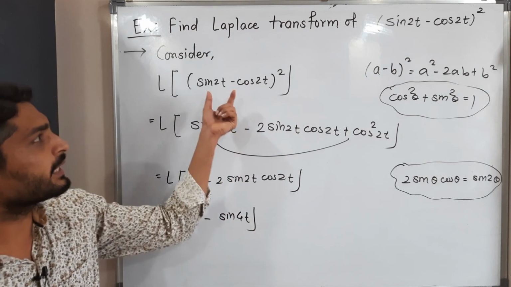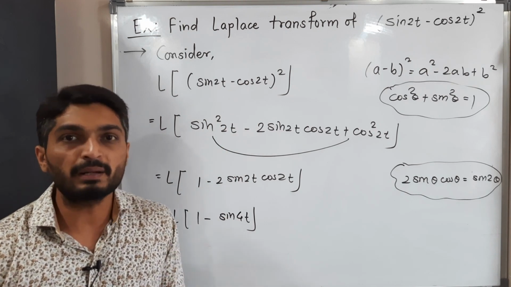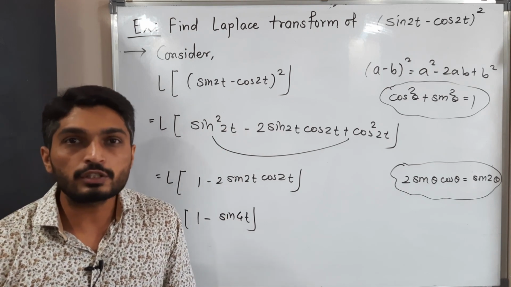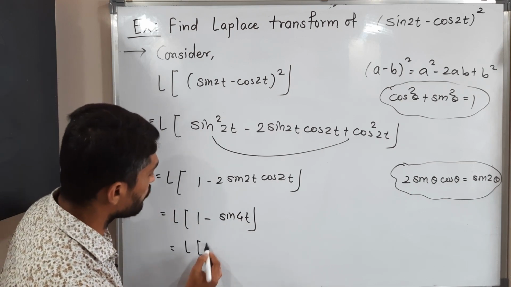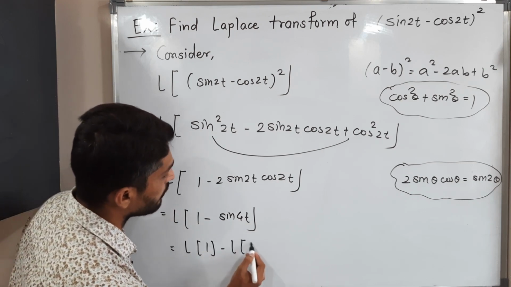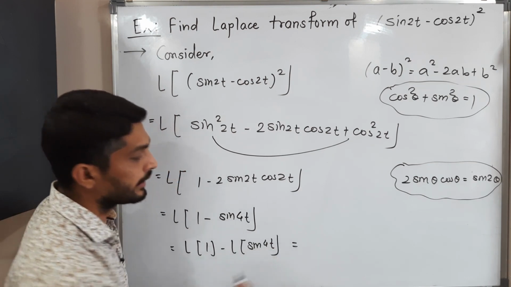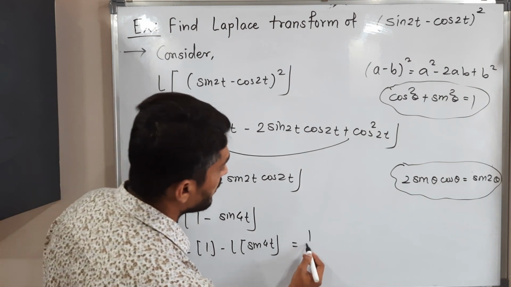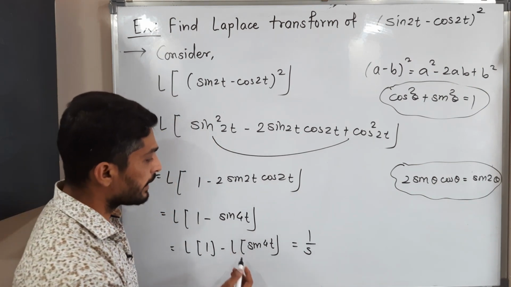So we had a complicated function, and we simplified it and got a very simple form. Simply subtraction is there, so we can take separate Laplace. So this is equal to Laplace of 1 minus Laplace of sine 4t. What is Laplace of 1? Laplace of 1 is 1 by s, by the first formula which we have already seen. Now, what is Laplace of sine 4t?